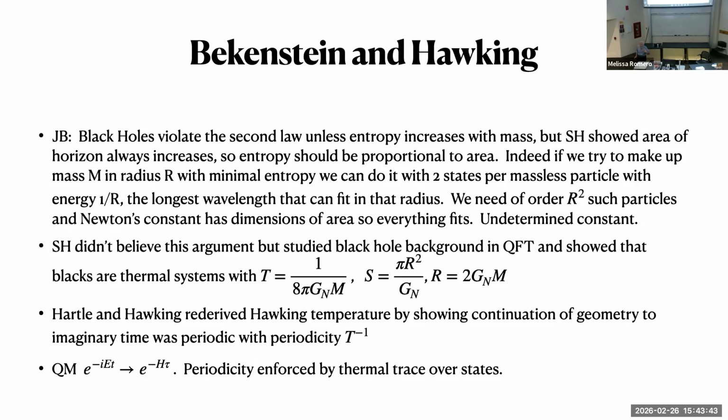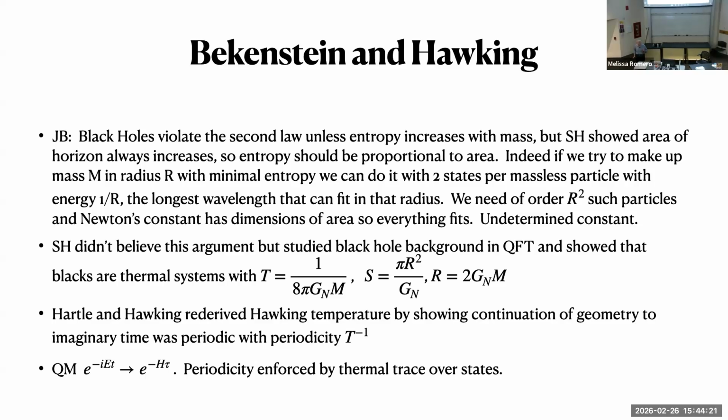Now, if I'm taking a trace, that means I'm going around. This is like doing an evolution in inverse temperature for a period of the inverse temperature and then coming back exactly to myself. So I'm periodic in inverse temperature. And what Hartle and Hawking did was they took the metric of the black hole in space-time, and they analytically continued the time coordinate, making it imaginary, like taking time to inverse temperature.